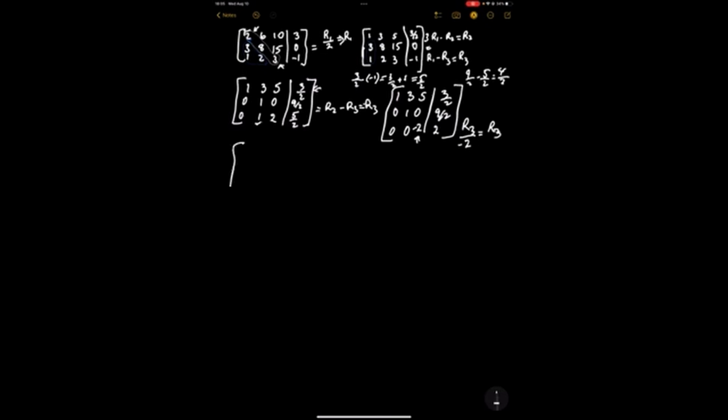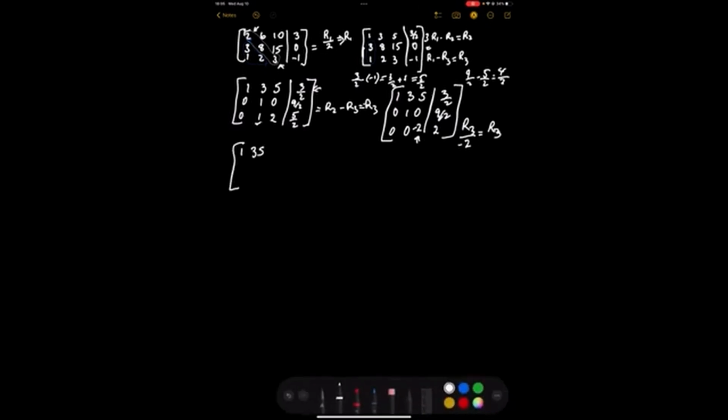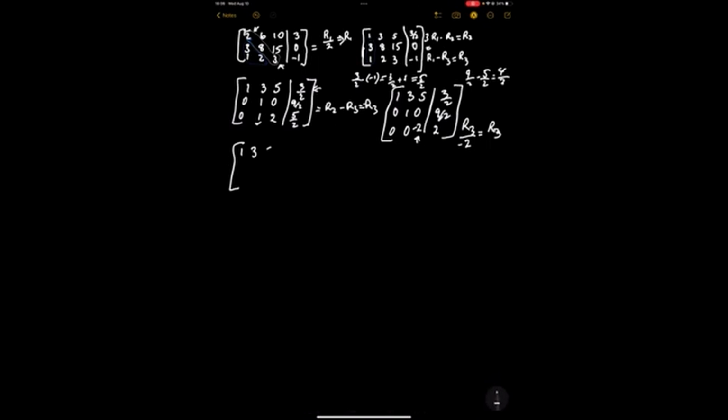So I'm going to have row 1, 1, 3, 5, 3 halves. Row 2, 0, 1, 0, 9 halves.